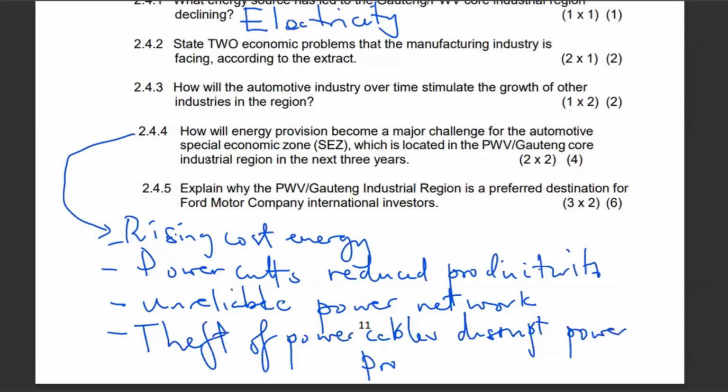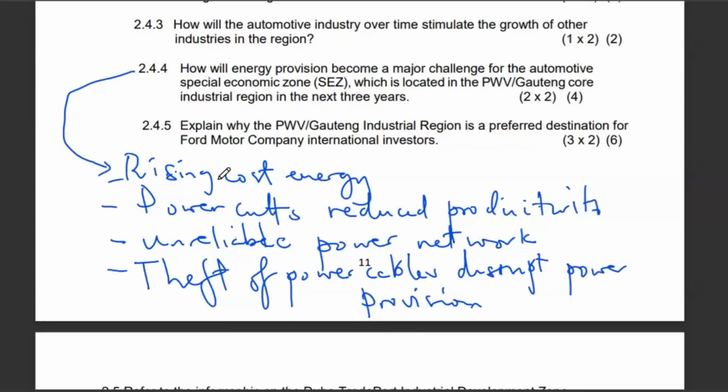This is going to worsen the situation. Because of the power cuts which are happening, people will take chances to steal the power cables and further worsen the situation. If power cables are stolen during times of load shedding, then it's going to worsen the situation. Even if there is now energy, the cables have been stolen, we can no longer link to the grid. That gives us a further negative implication on the automotive industry, and it is going to persist in the next 3 years because of theft of power cables.